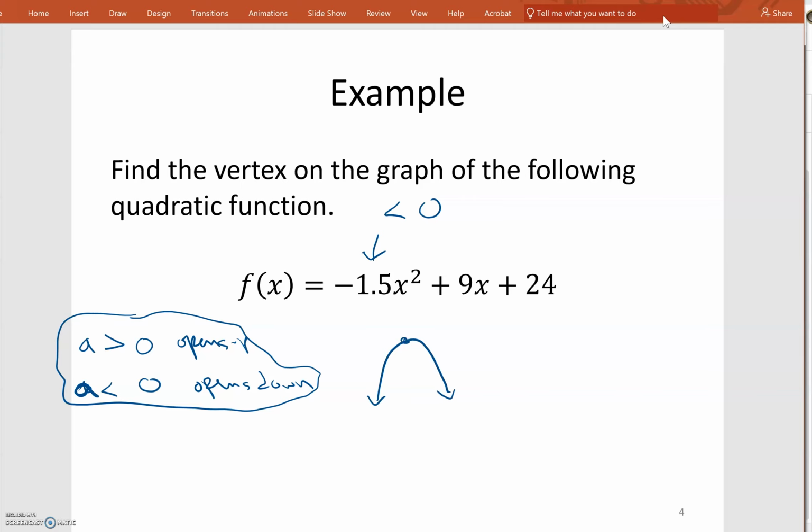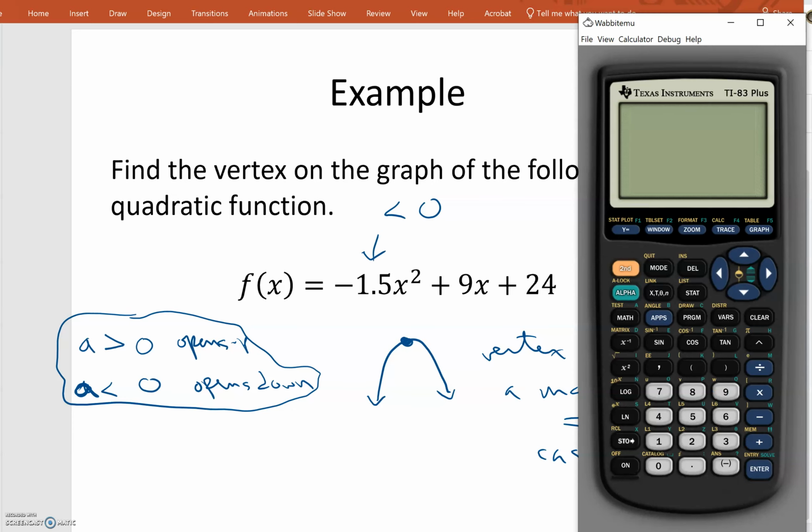And so the vertex will be a max in this case because it's opening downwards. If the parabola had been opening upwards, then the vertex would be a minimum. That's kind of useful for what we're going to do now.